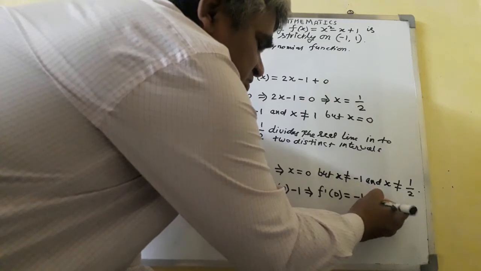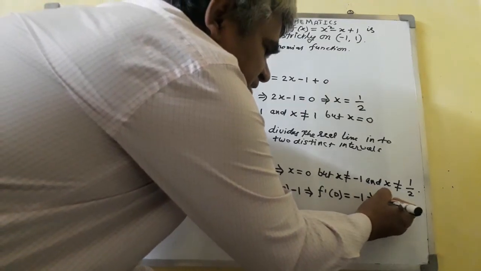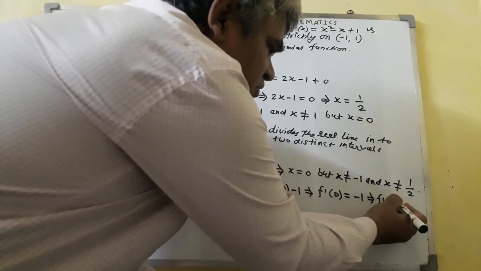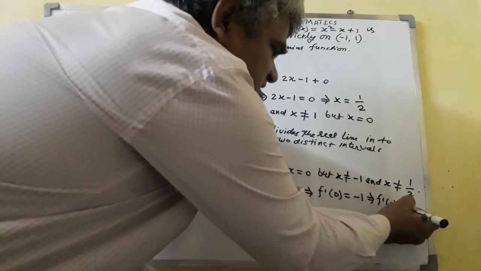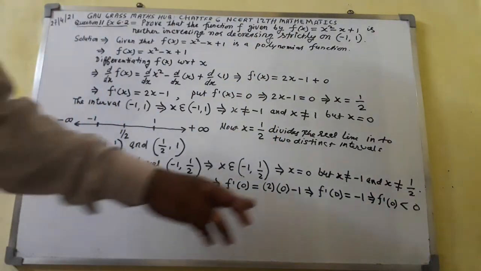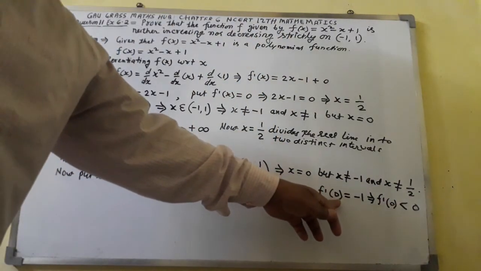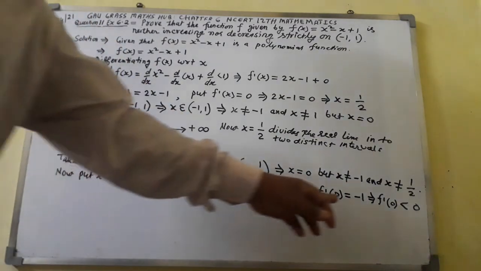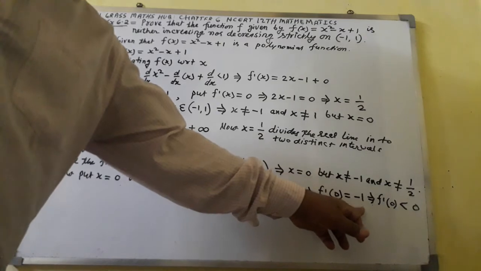This implies that f dash of 0 is less than 0. Here you can see f dash of 0 equals minus 1. Minus 1 is less than 0.